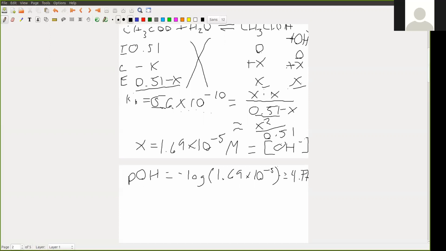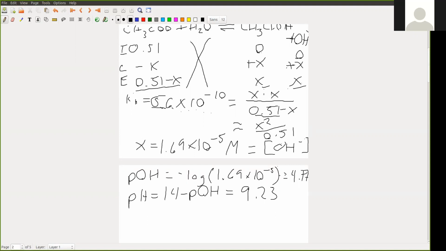And pH, we know, is simply 14 minus pOH, which will give us a pH of 9.23. So you saw, just by doing this calculation, we can determine that the water went from a pH of 7 to a pH of 9.23 simply by adding acetate ions to it.